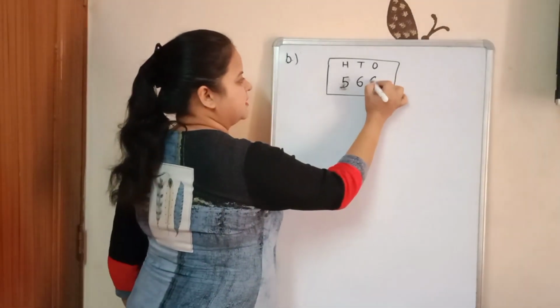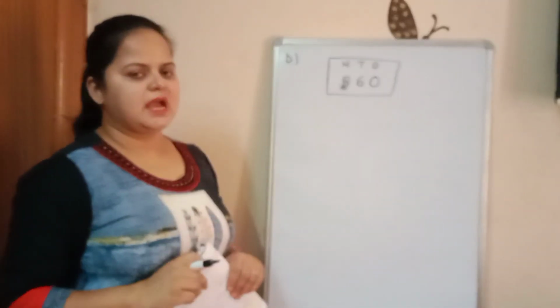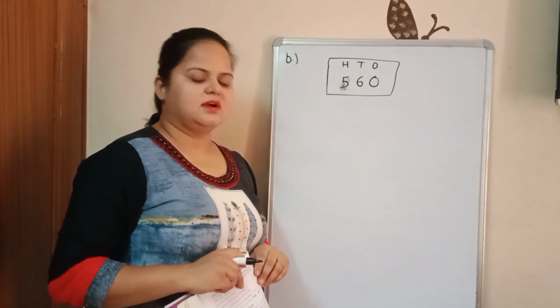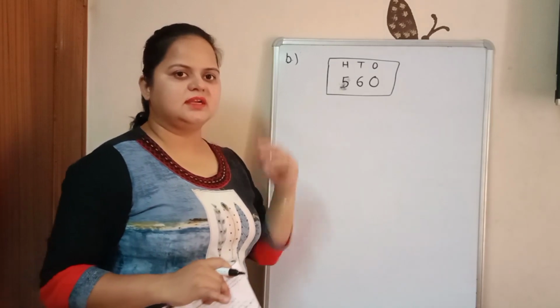At the ones place we will write 0. So now we have the number 560. I hope you all understand and have done it in your books.